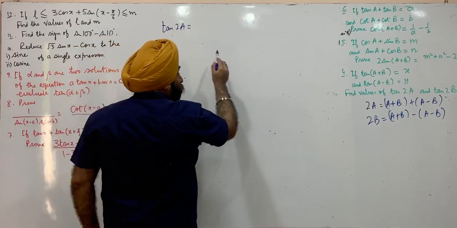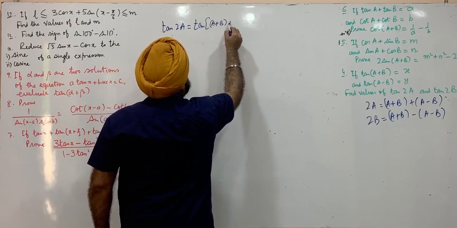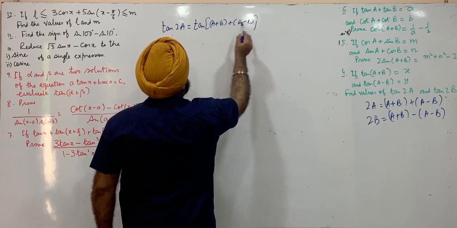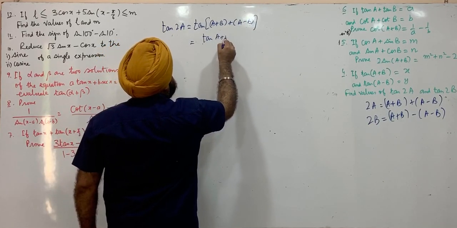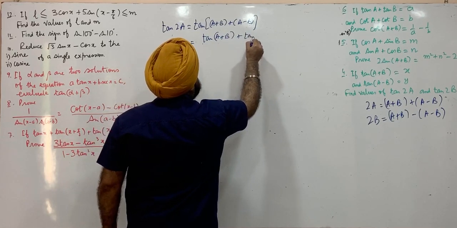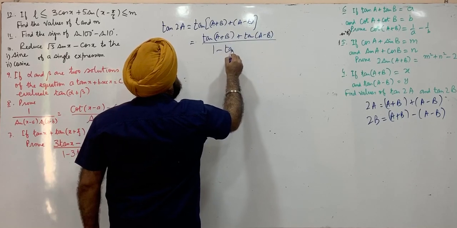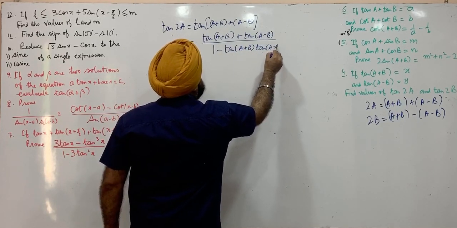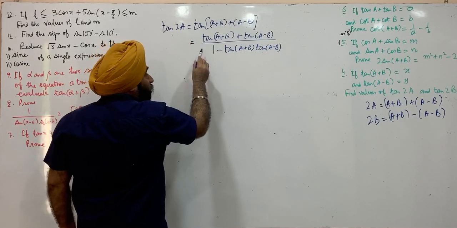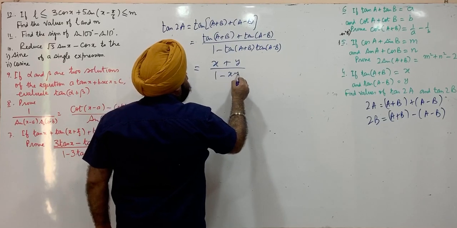We just wrote 2a as a plus b plus a minus b. Using tan a plus b, this will be tan of first angle plus tan of second angle upon 1 minus tan a plus b into tan a minus b. Tan a plus b is x, so x plus y upon 1 minus xy.